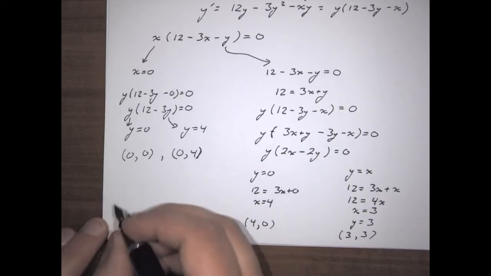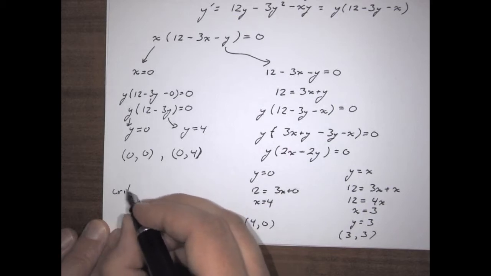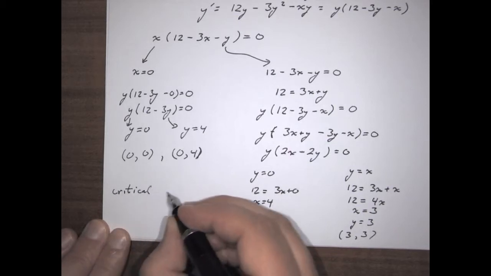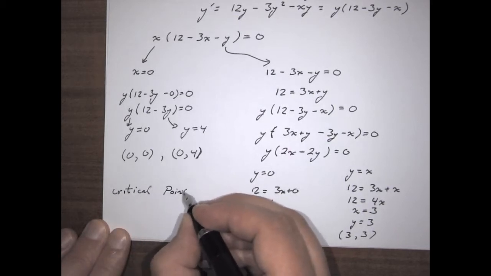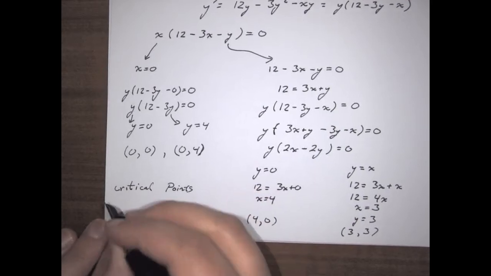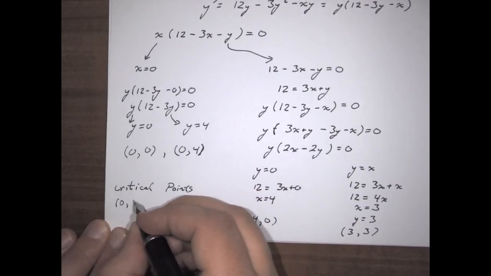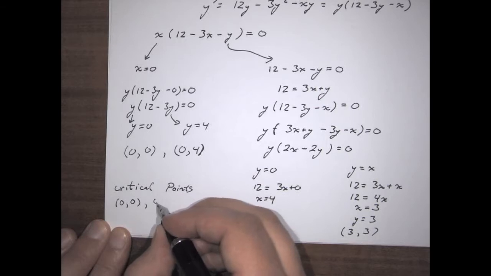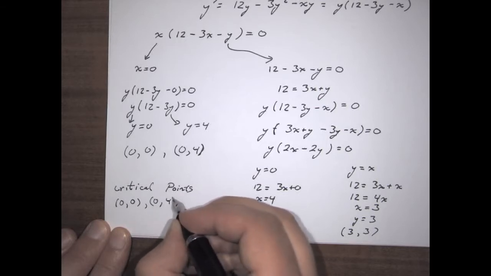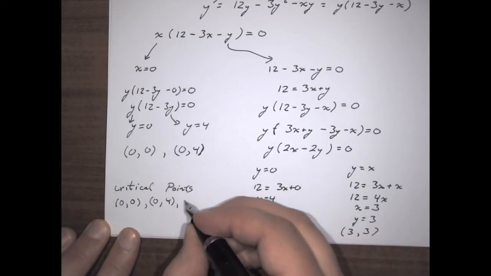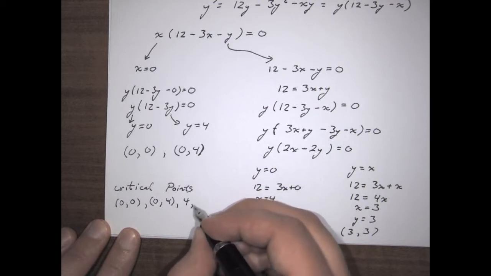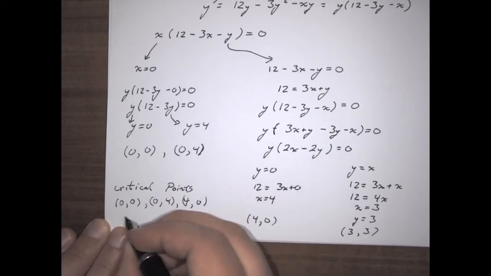So those are our critical points. We've got (0, 0), (0, 4), (4, 0), and (3, 3).